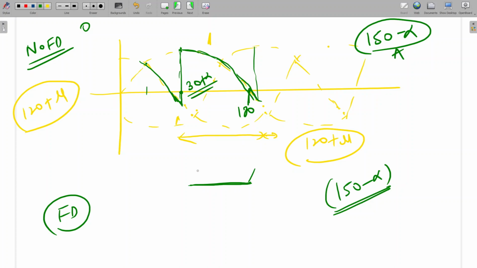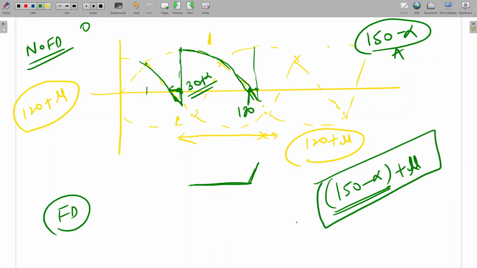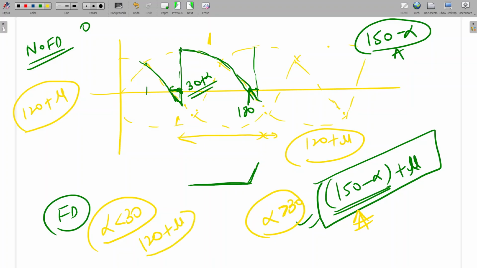Here in this section the diode was conducting, and in this section also the diode is conducting. So what will the angle be? 150 minus alpha plus mu. This will be the answer for alpha greater than 30 degrees. And when alpha is less than 30 degrees, that will be 120 plus mu. Is it clear?